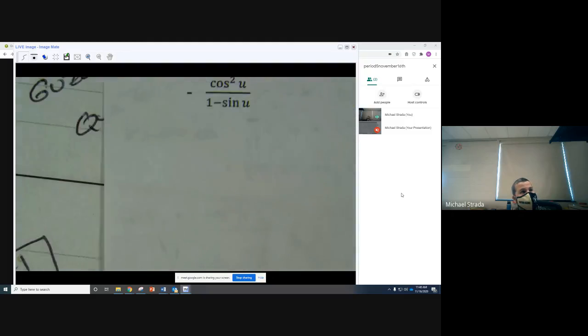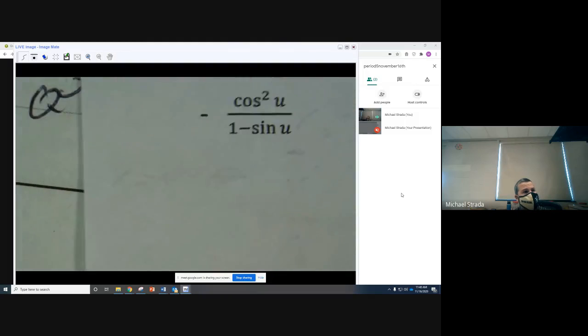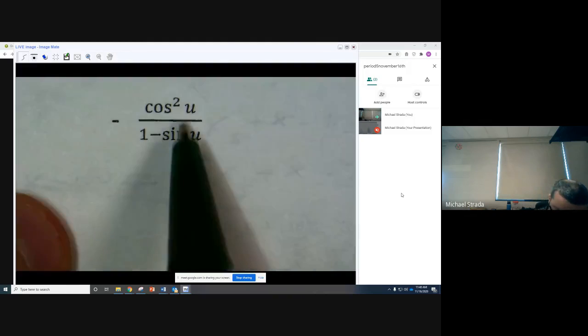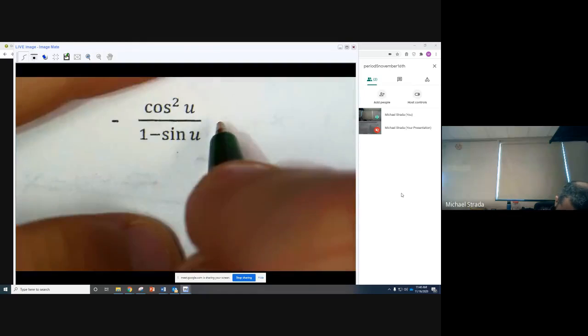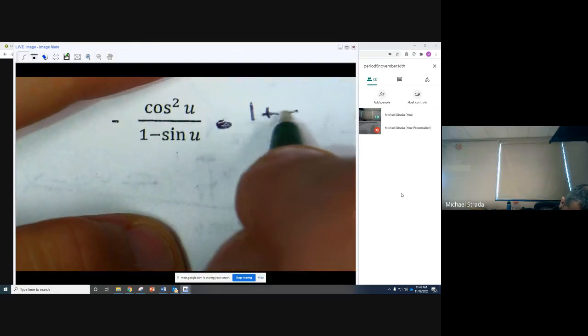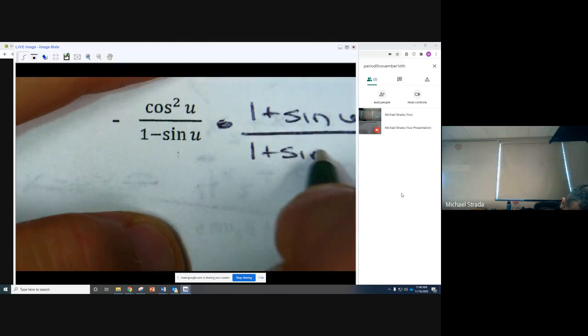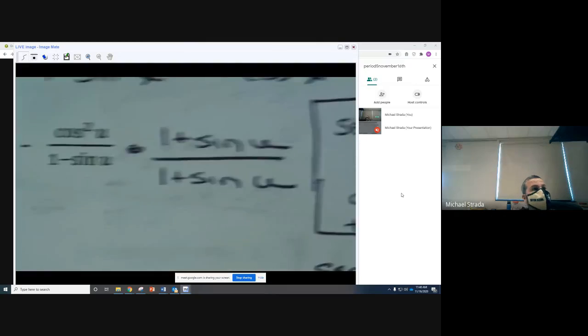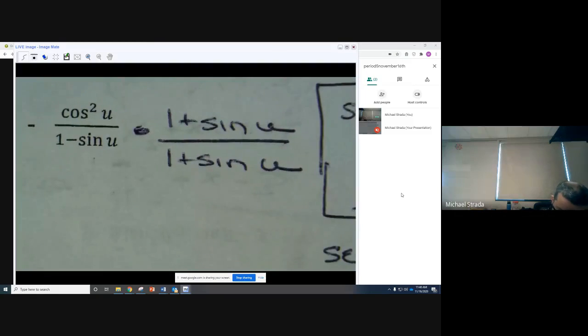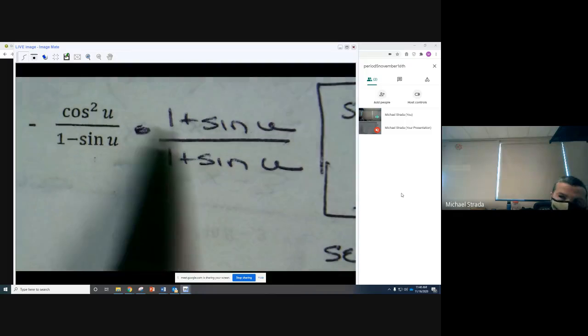Now, you're not always going to distribute. I'll show you what I mean. And again, this is going to come with practice. Cosine squared u over 1 minus sine u, and multiply by the conjugate, which is 1 plus sine u. All right. Now, I'm not going to distribute that through yet.